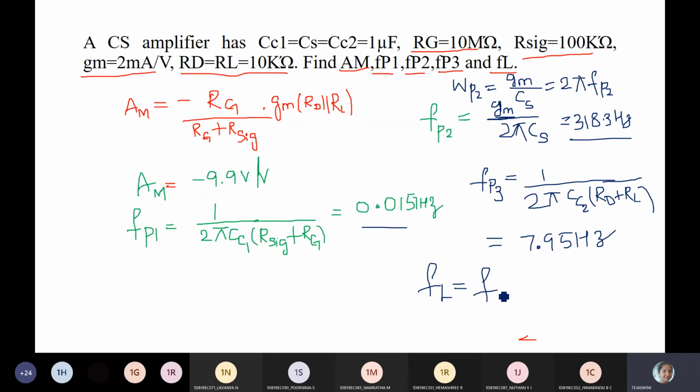So FL is always FP2, that is 318.3 hertz. Is this clear with the problem? Yes. Same answer?